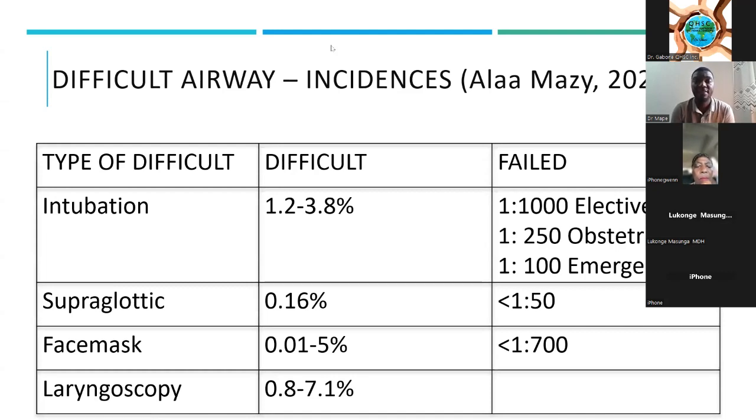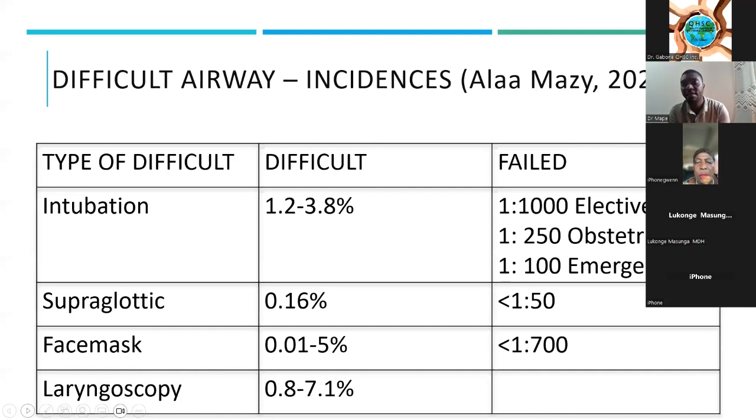Okay, so the incidences presented by Alamazi 2020. It was found that the type of difficulty faced, for example if someone faces difficult intubation, the incidence is about 1.2 to 3.8.